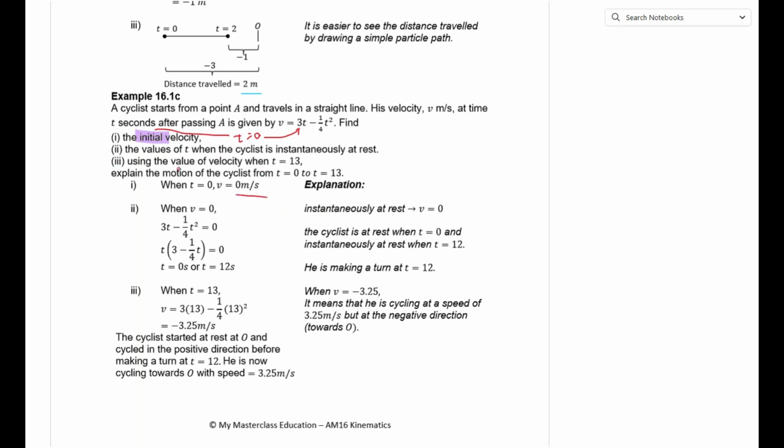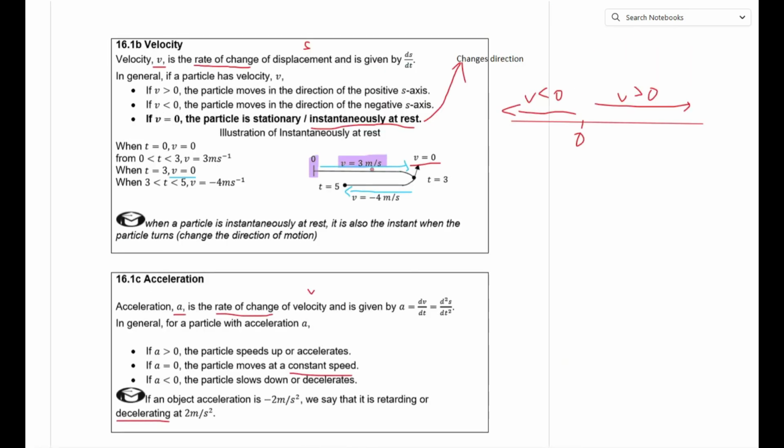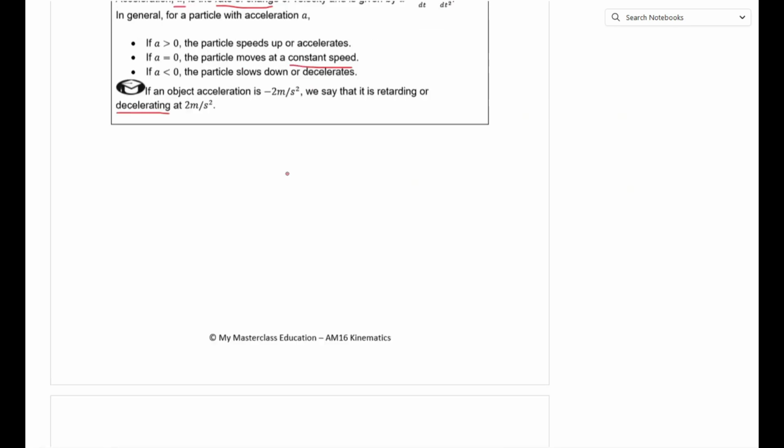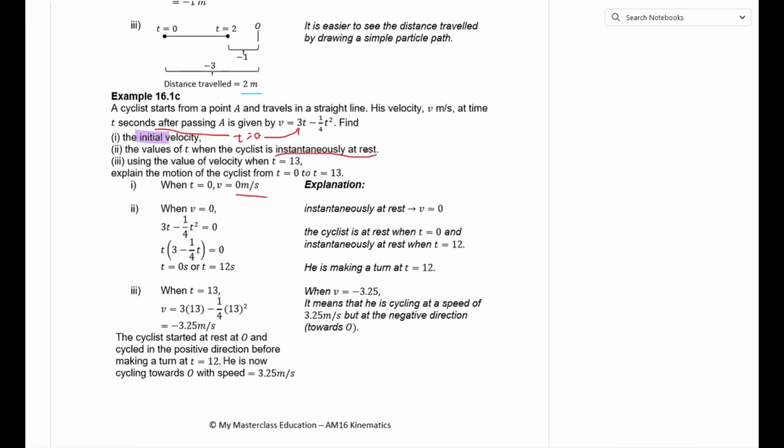Secondly, the values of t when the cyclist is instantaneously at rest. Now, recalling from the previous concept, instantaneously at rest means that v equals 0. Therefore, you equate your v equation to 0.